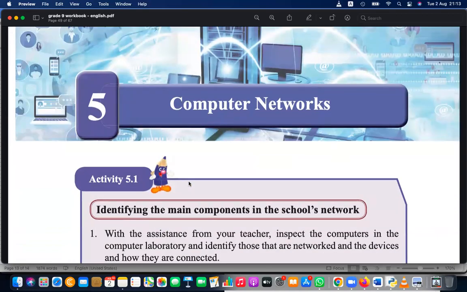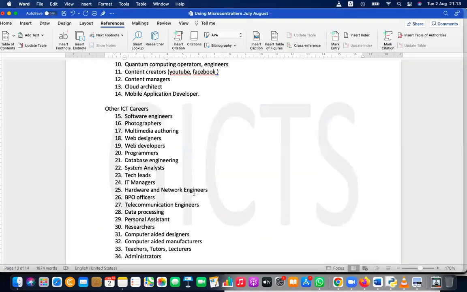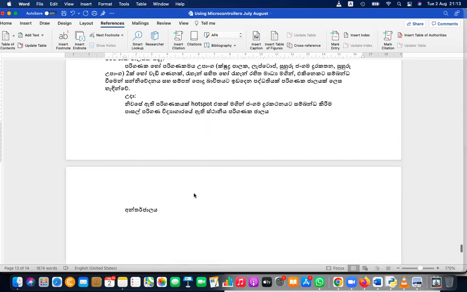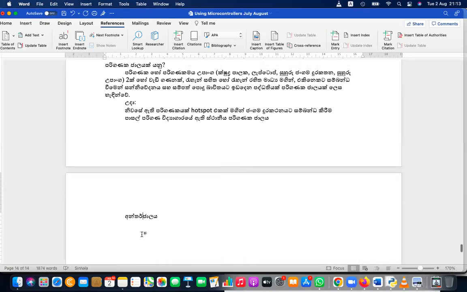Right, now we have to start the lesson, computer networks. So please go to the last line and write this, computer networks. Okay, what is a network? What is a computer network? So that is our new topic.